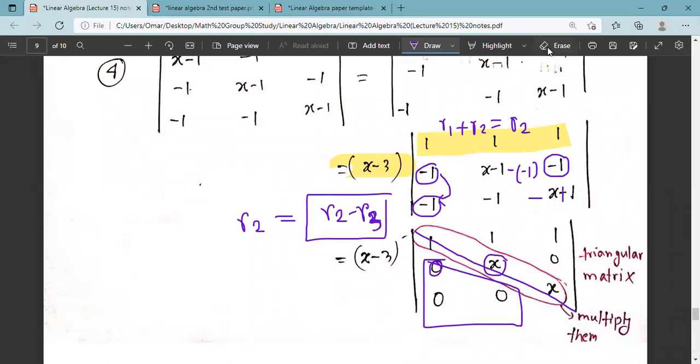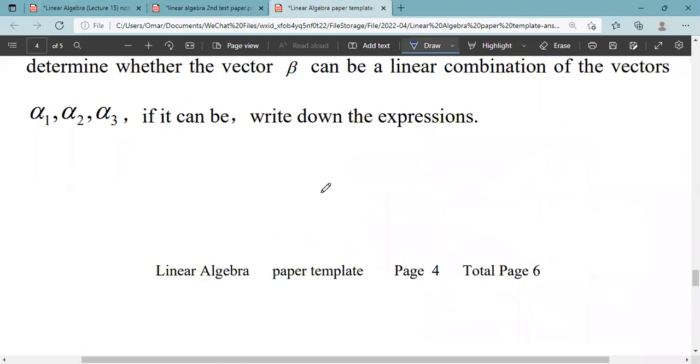So if we do it the reverse way, R3 minus R2, it will become 0. Yes, it should be minus here, right? If I do R2 minus R3, it should be minus here. Let me see the question.